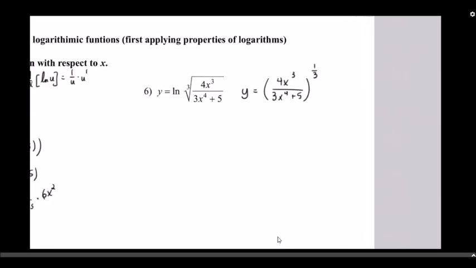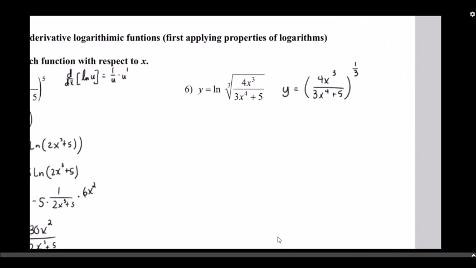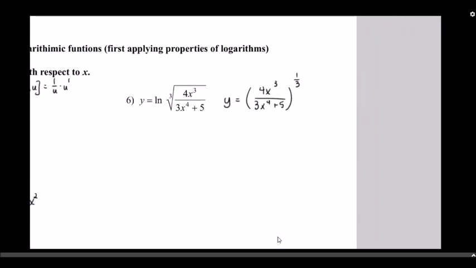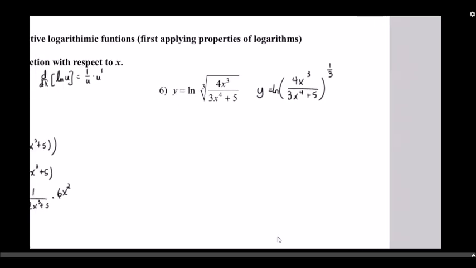And then we could do the same thing. We drop the 1/3 down in front. Actually, I'm missing a logarithm. There we go. Y equals natural log of that to the 1/3 power. So now we could drop the 1/3 power in front of the logarithm.